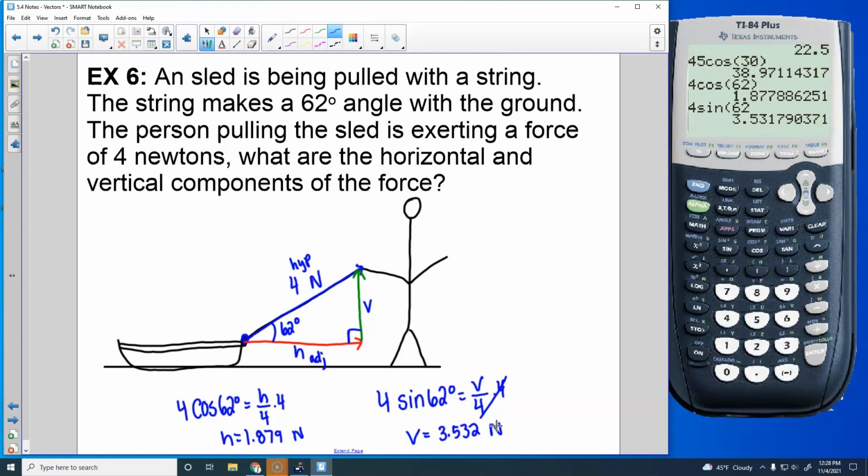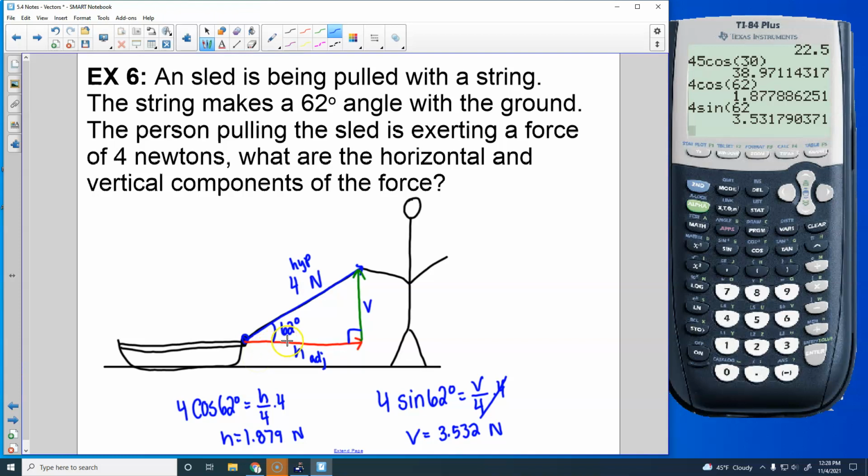So if you were wanting to improve the efficiency of what you were doing here, if you held that string at a lower angle, so maybe instead of 62 you had 42 degrees, which is actually probably closer to what I actually drew, right?